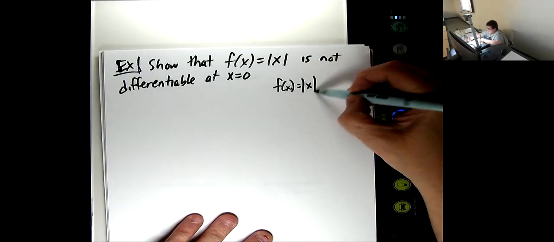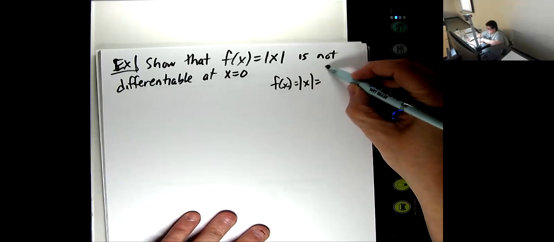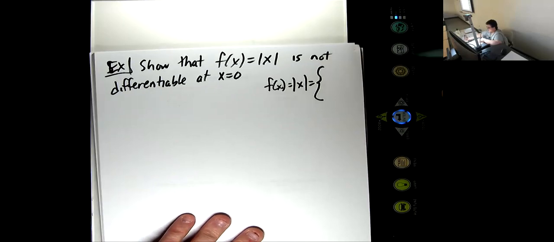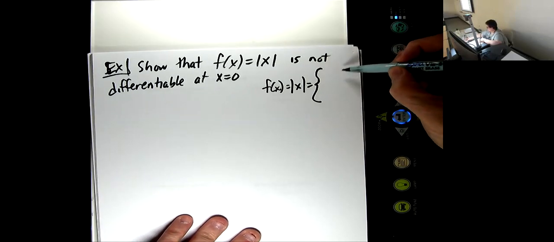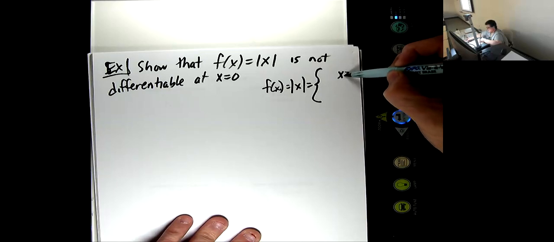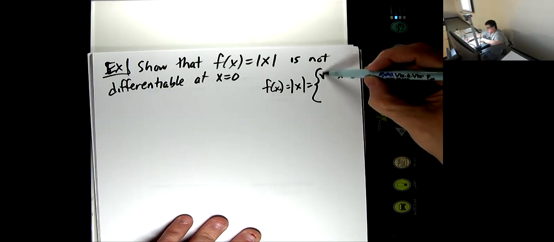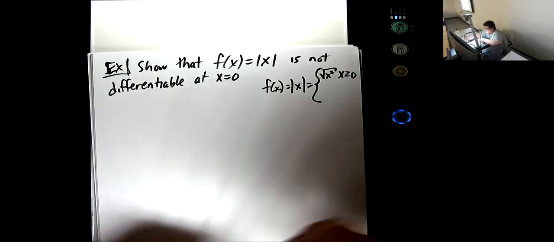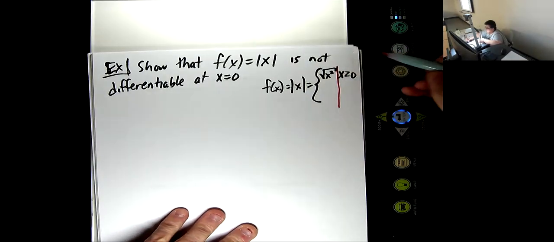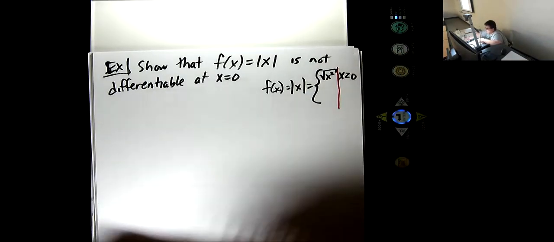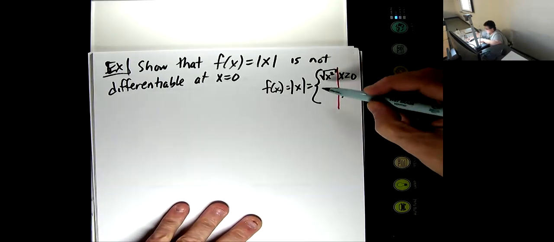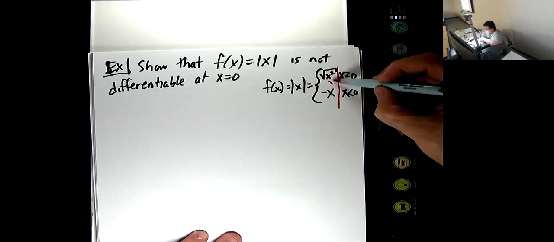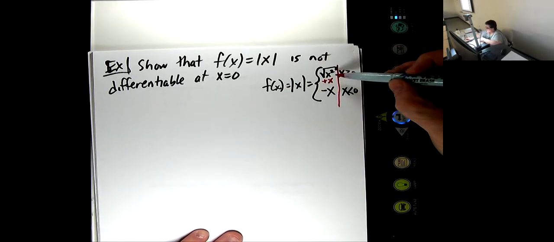Actually, we can do it as a piecewise function. If x is greater than or equal to 0, this equals the square root of x squared. I'm going to put a little line here. And if x is less than 0, it equals negative x. Square root of x squared is positive x, but I think it's worth showing the square root of x squared.